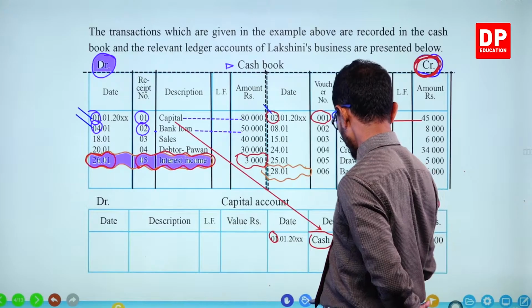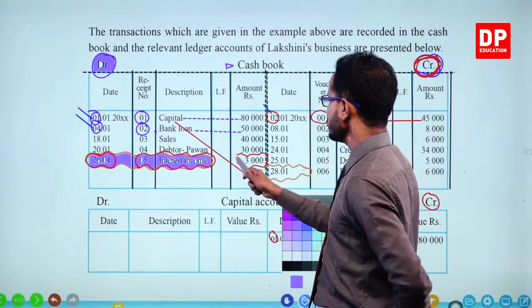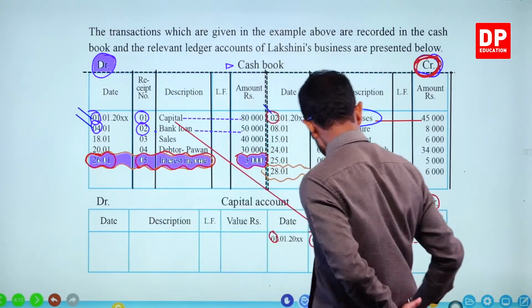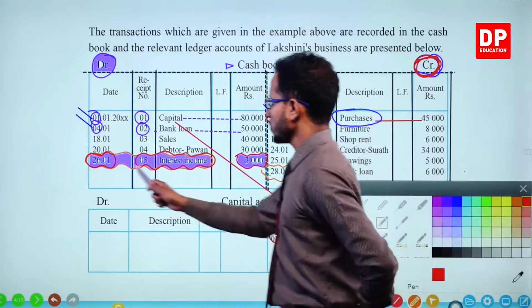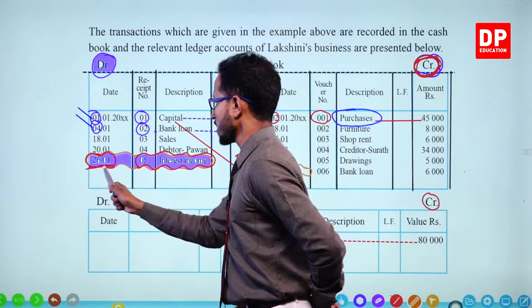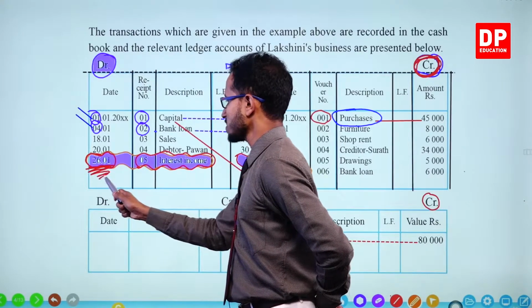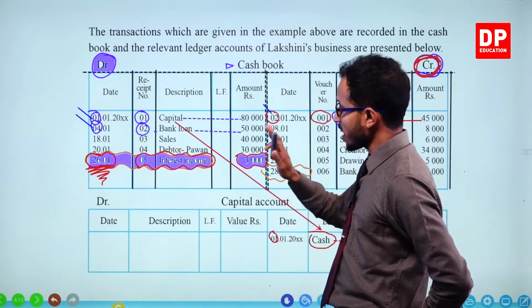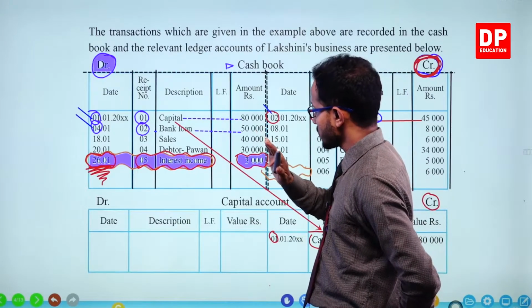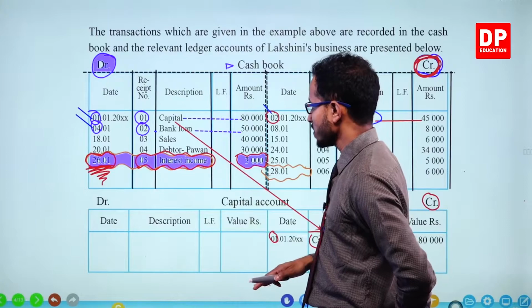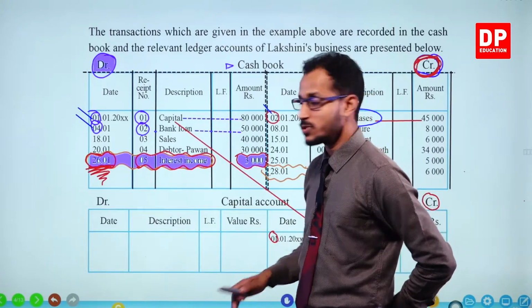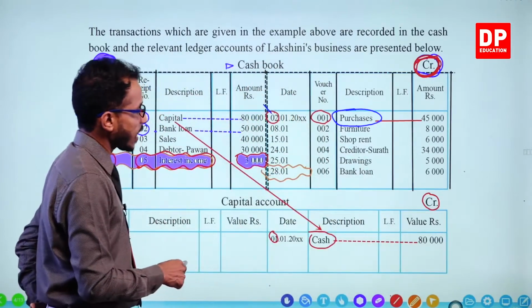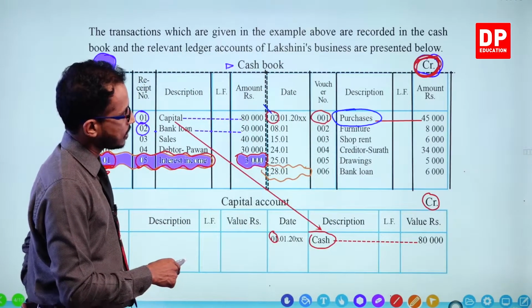All right, this is the date of the last transaction on the debit side, 26th. I'm showing it as clearly as I can using all the colors.